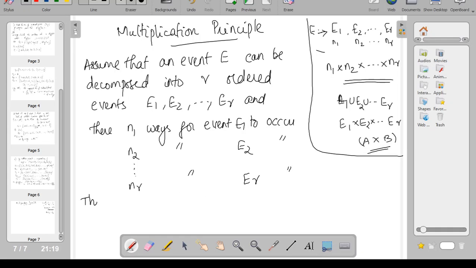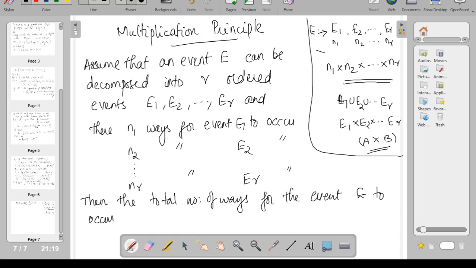Then the multiplication principle states that the total number of ways for the event E to occur is given by N1 into N2 into NR.